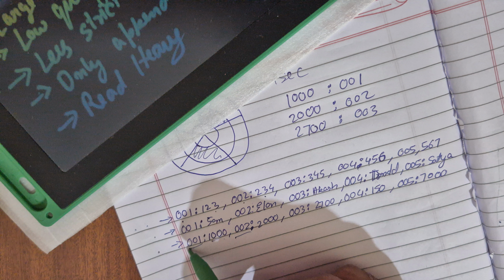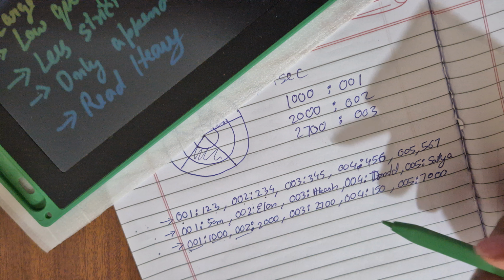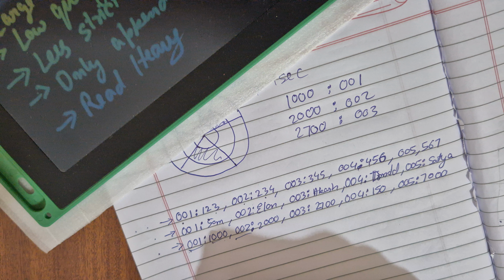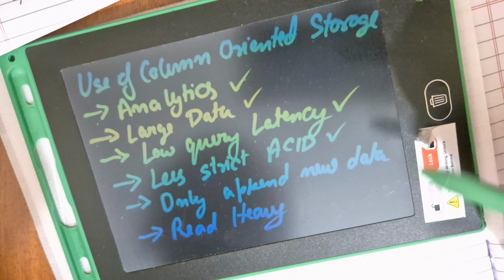For 001, the employee ID is 123. For 002, the employee ID is 234. Similarly, this was for employee ID, this was for first name, and this was for salaries. For 001 we have the salary 1000, 002 we have 2000, 003 we have 2700, and so on.